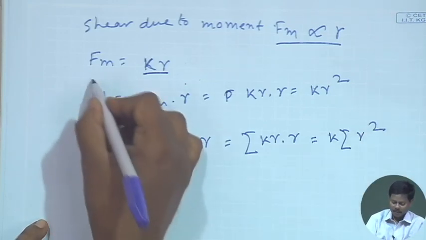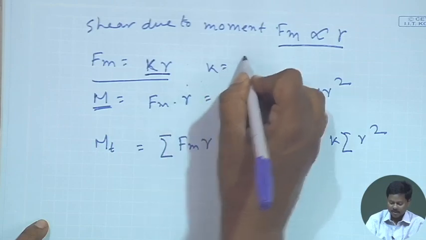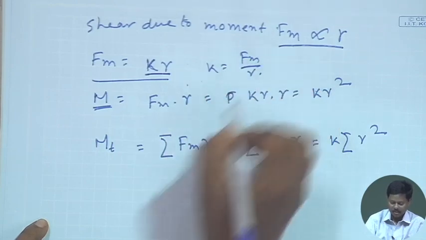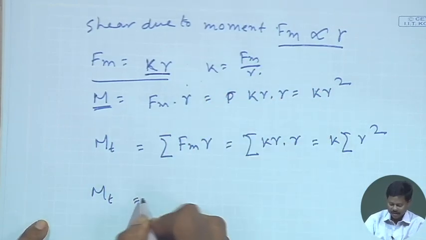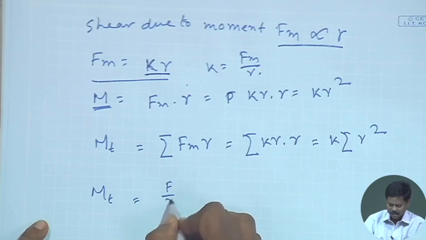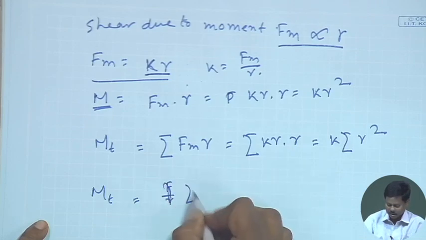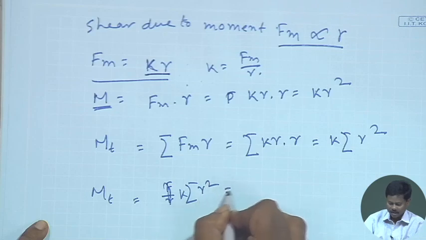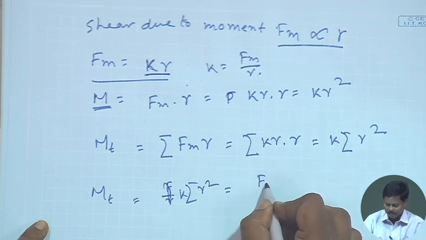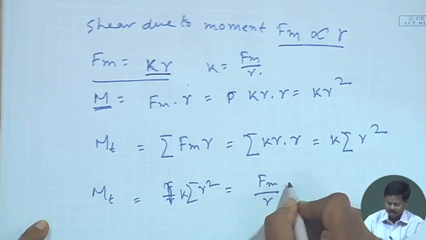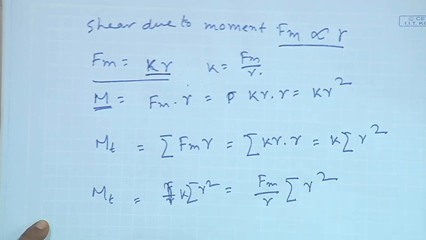Again from here I can write k is equal to Fm by r. So, Mt I can write as Fm by r, that is k, into summation r square, right.